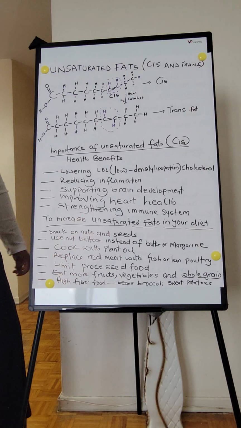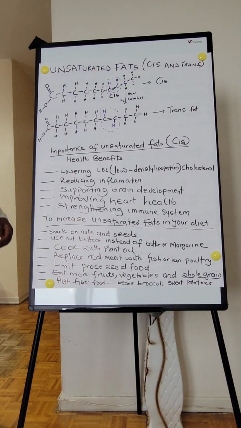So today we go back to unsaturated fats. In our previous lesson I told you saturated fats are made up of single bonds, so they are very stable. They're solid at room temperature.